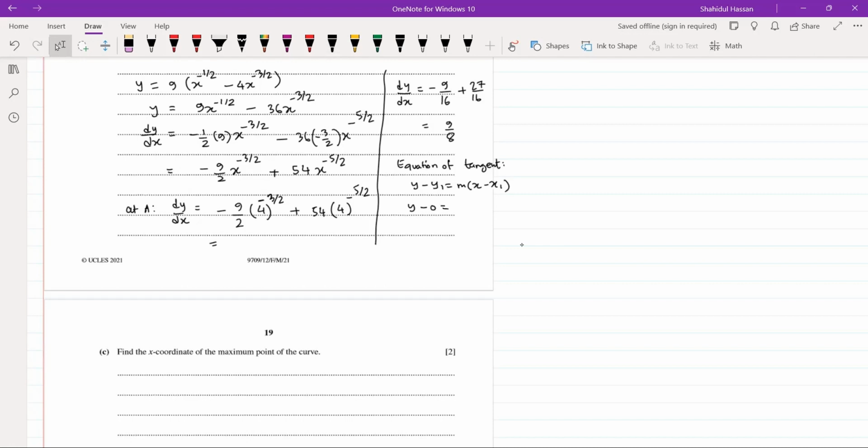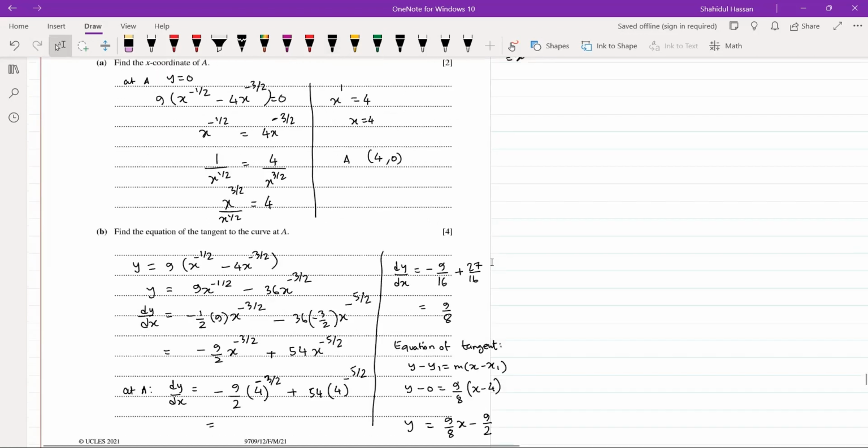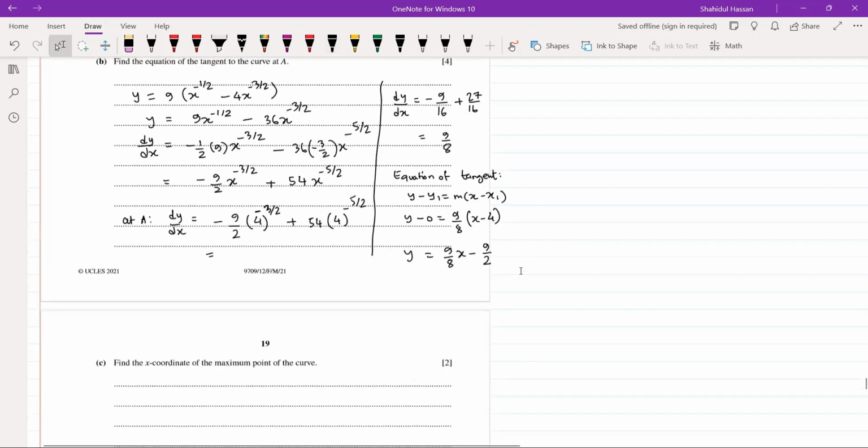So y minus 0 equals to the gradient 9 by 8 times x minus 4. This is y equals to 9 over 8 x minus 9 4s 36, or you can just write 9 over 2. 9 over 8 x minus 9 over 2. That should be your answer, the equation of the tangent.